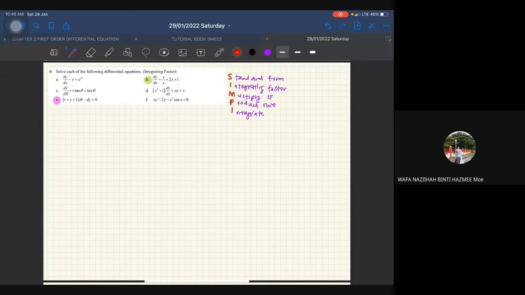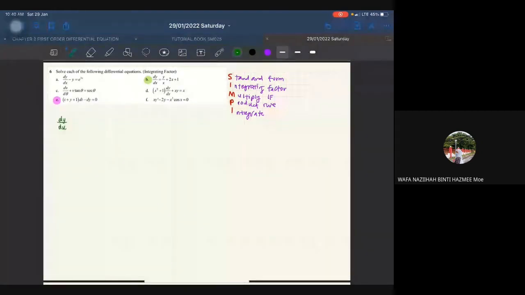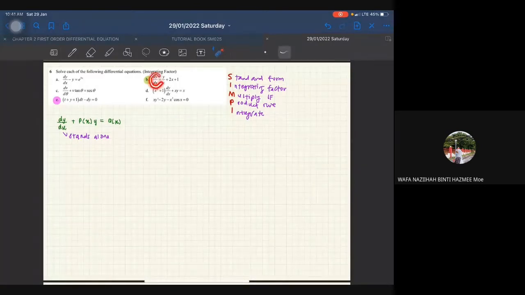Standard form is dy/dx plus p(x)y equals q(x). In other words, to get standard form, in front of dy/dx there must be nothing. dy/dx stands alone, with no coefficient or variable with it. Our dy/dx already stands alone, but we don't have p(x)y.